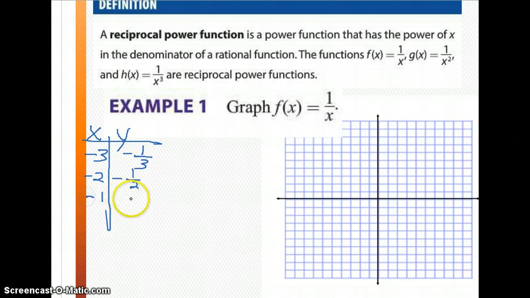If x is -1, y would be -1. If x is -1/2, then y will be -2. If x is equal to -1/3, y will equal -3. And then at 0, we're going to be undefined.